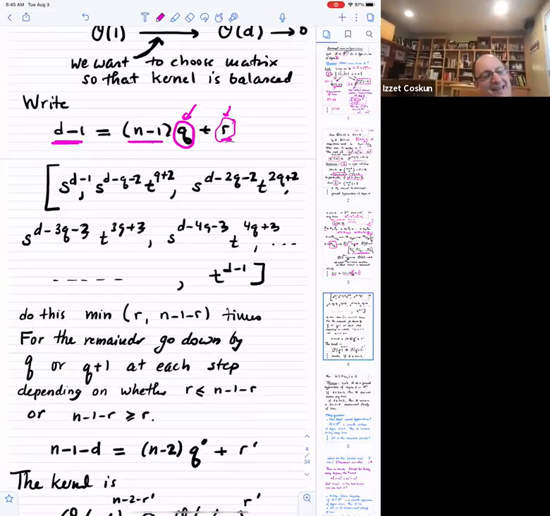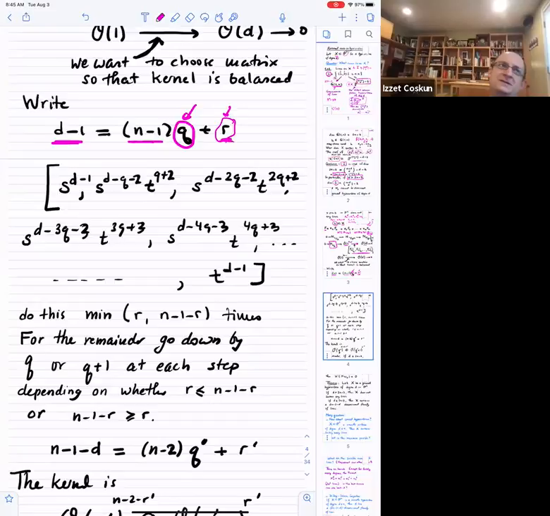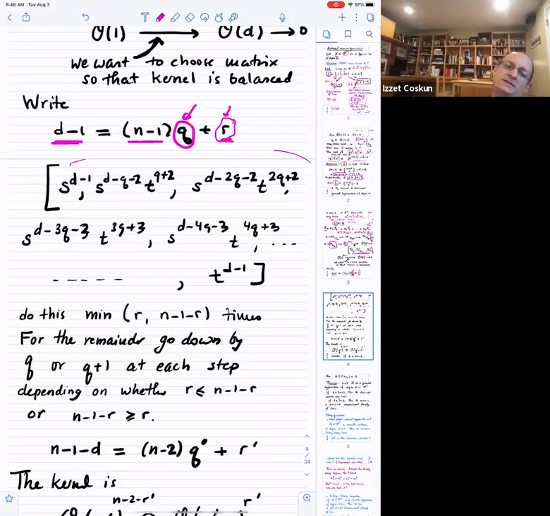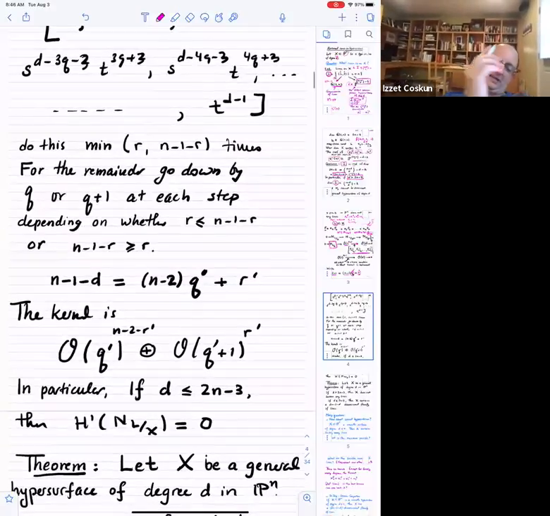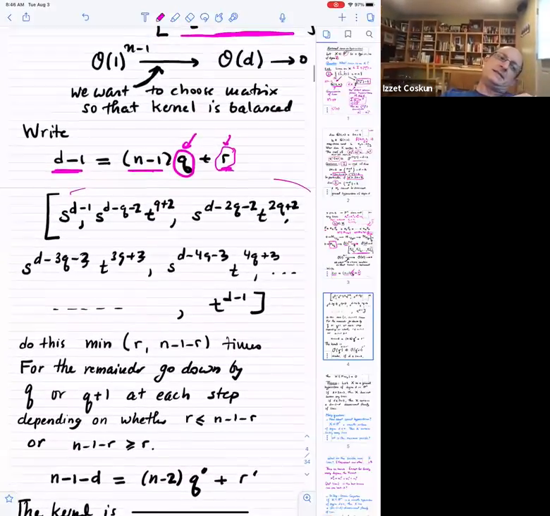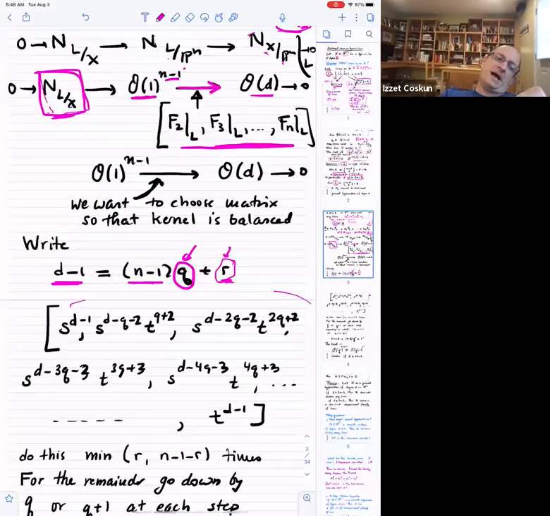If there is a remainder, then you decrease by q once and by q plus 1 once, so that the relations are as close as possible in degree. And if you do that, then it's easy to see that the relations are between consecutive triples of columns again, and they have as equal as possible degrees, so that the kernel is again balanced.